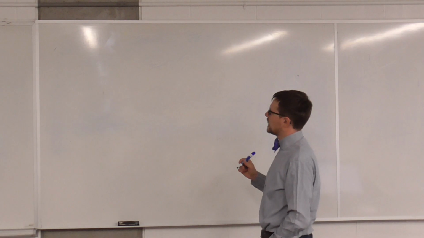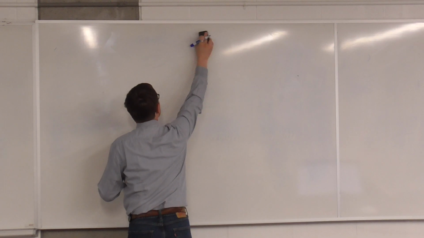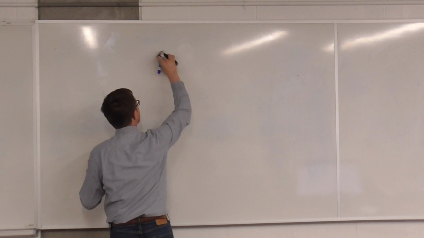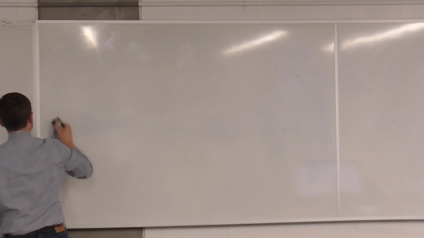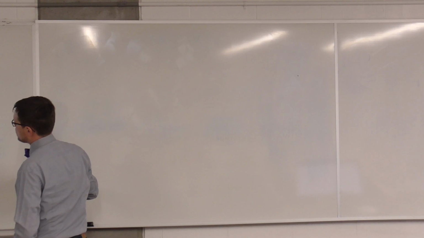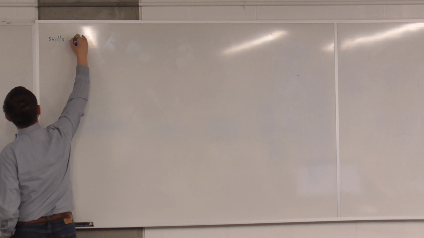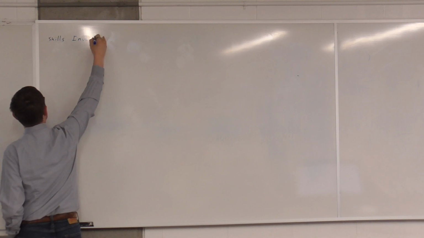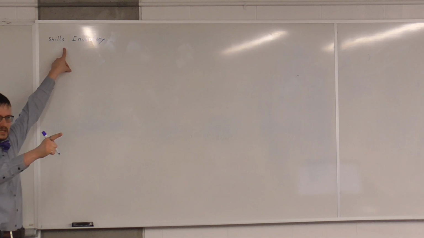I'm going to have to be conservative with board space, I think. So this is the skills inventory. Is that too small for you guys? Can you read that at the back? At the back? Okay.